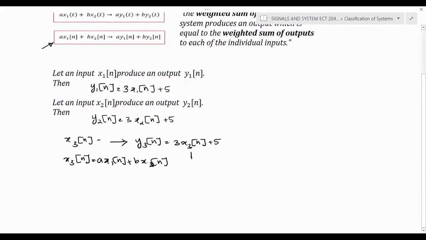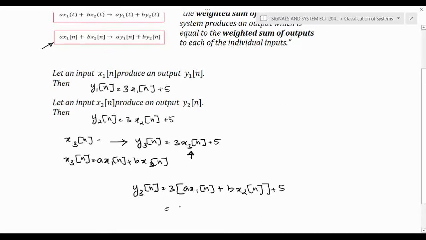Now in place of x3 of n, I can substitute this expression. So y3 of n becomes 3 into a x1 of n plus b x2 of n plus 5.